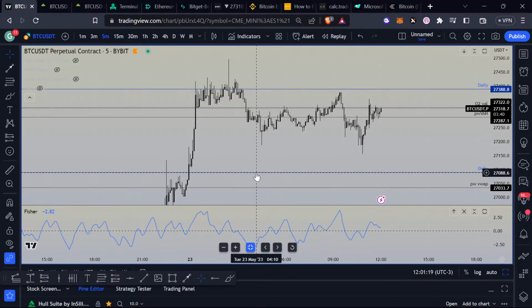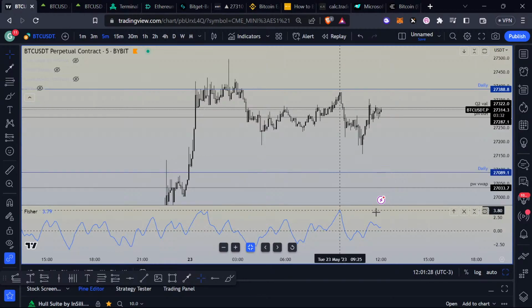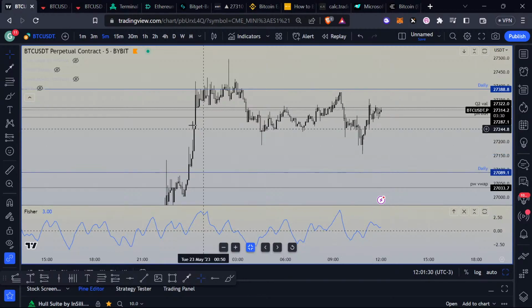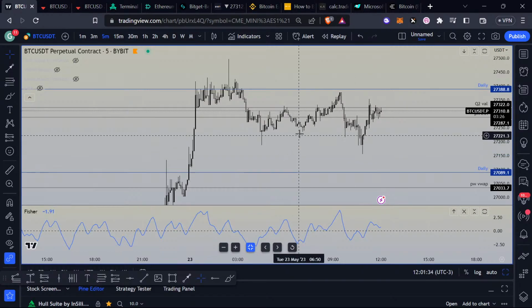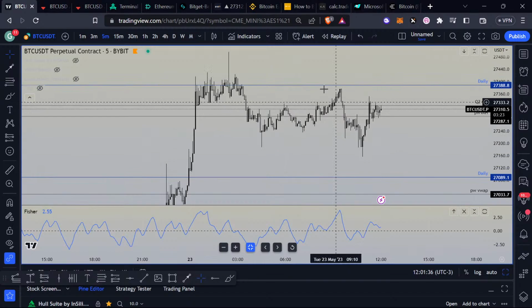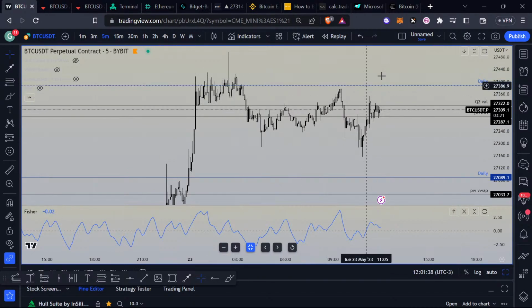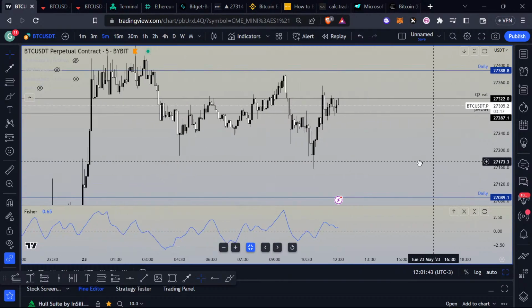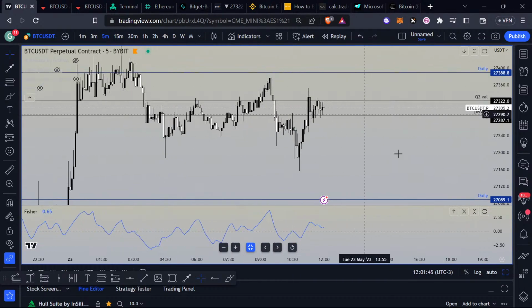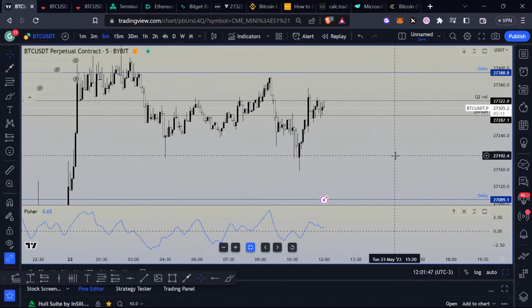In this particular example, I believe that the Fisher tool that Guru is teaching us how to use is a good tool to add to scalping. And if you combine that with the pivot system that we use and the value areas, I'm certain that we can get some really good scalps.